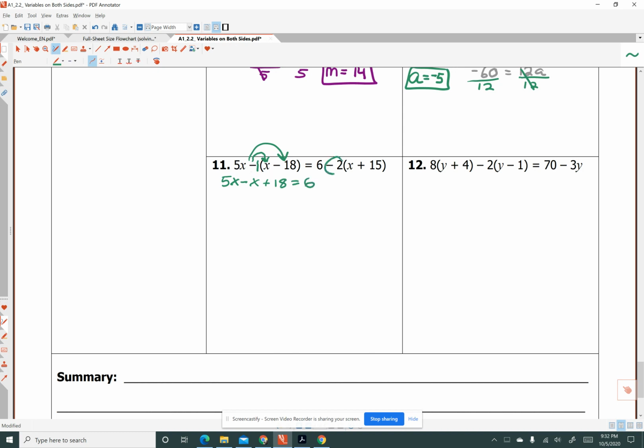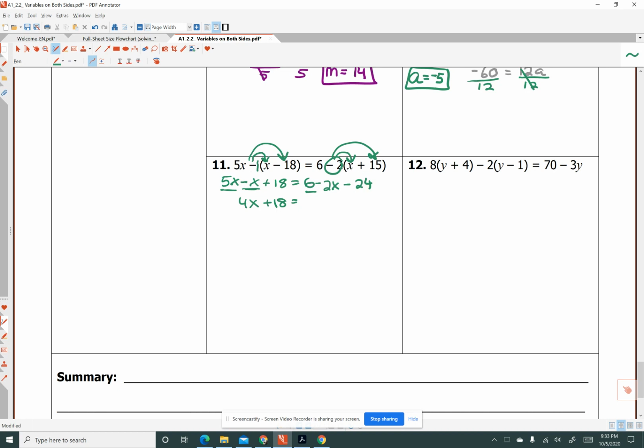Now, -2 times x and -2 times 15. So minus 2x minus 24. Now we've got some combining like terms to do. So we can combine 5x minus 1x, which makes 4x plus 18 equals, and we can combine on this side the 6 and the -30.